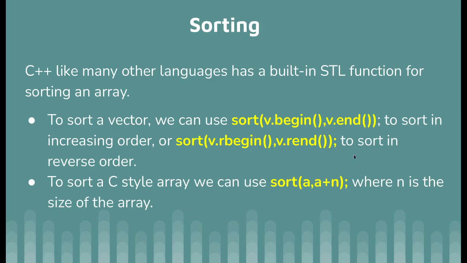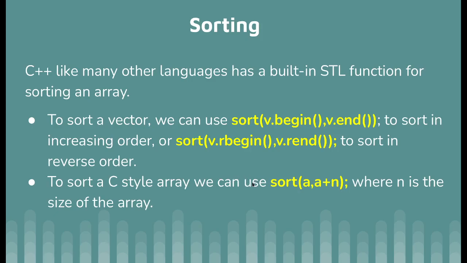You can also sort a C-style array, like the array you define normally, like int a[]. You just do sort(a, a plus the dimension of the array). For example, if the array dimension is 30, you do sort(a, a + 30). I don't generally use C-style arrays; some people do.